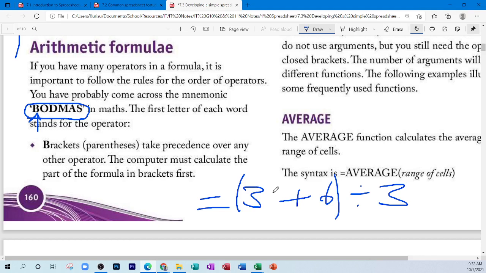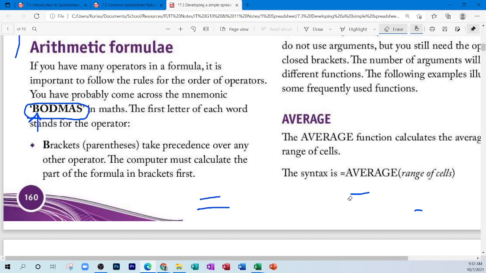That's going to be 3 plus 6, which is 9, divided by 3, which is going to be equal to 3 now. So just like in maths, when you want a certain part of the equation to be calculated first, you use brackets. Same with your formula. Just like how I added these brackets here, it is going to work the same.